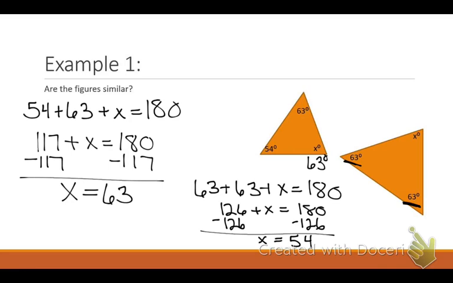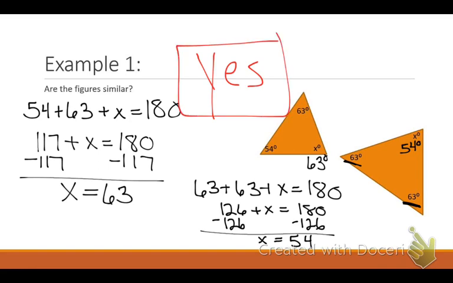So if you want to be completely sure that the triangles are similar, go ahead and solve for the other x. And now I can clearly see it is 54, 54, 63, and 63 on both. So guys, I did all that work to answer this question. Yes, they're similar.